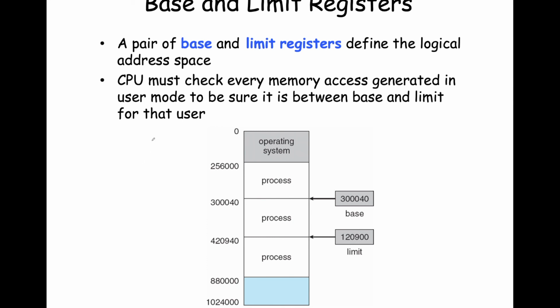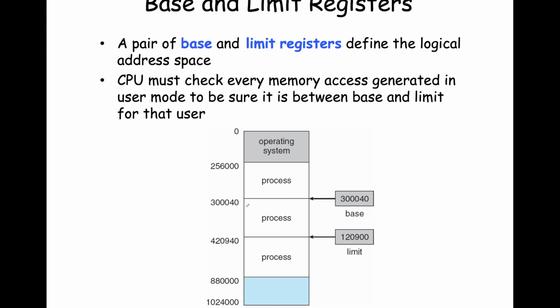And so the CPU, for every address it generates for read requests or write requests to memory, done in user mode, has to make sure that each one of those addresses lies in that block of memory, within the bounds specified starting at the base address and going as far as what the limit register holds.